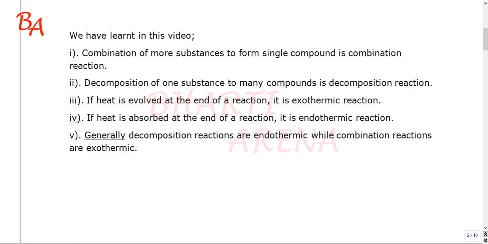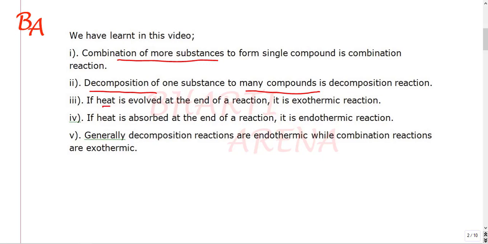So in this chapter, what we have learned is that the combination of more substances to form a single compound is called a combination reaction, and decomposition of one substance into many compounds is a decomposition reaction.